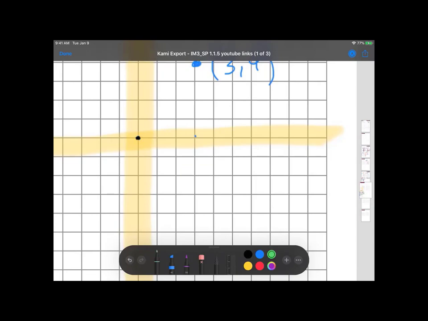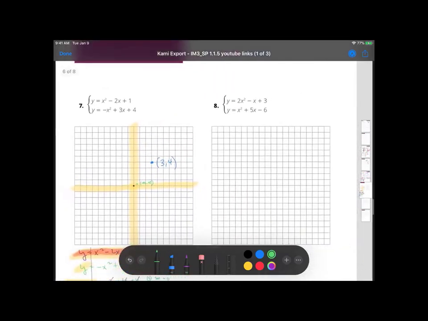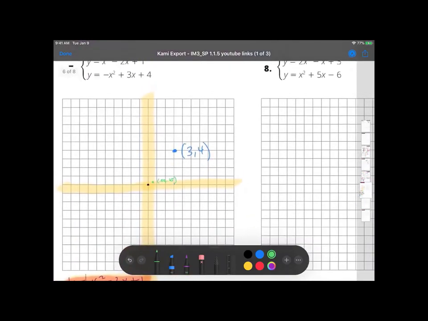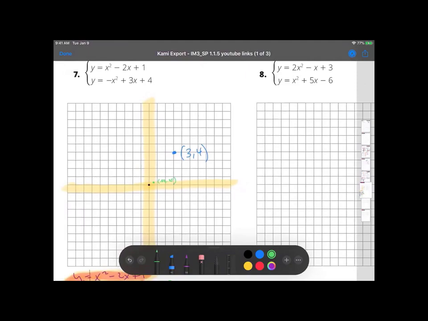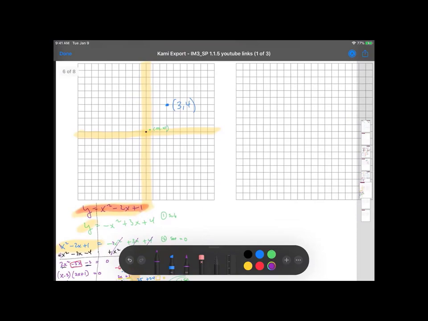So origin, 0.50 and then up 0.25. So that's where I know the graphs are going to intersect.